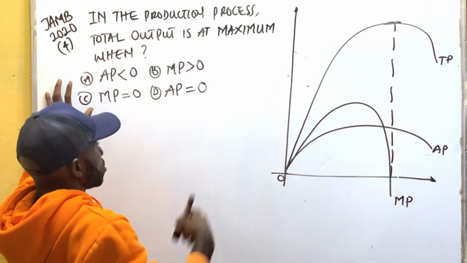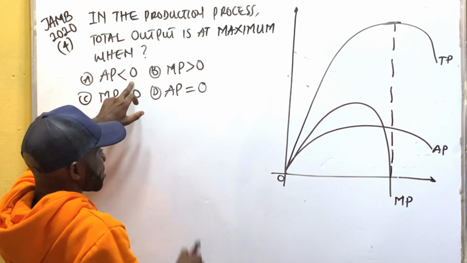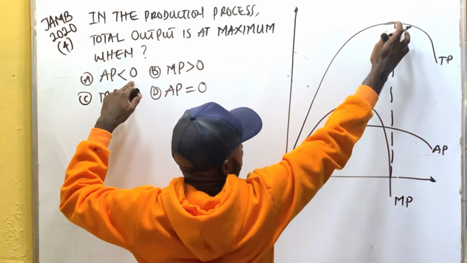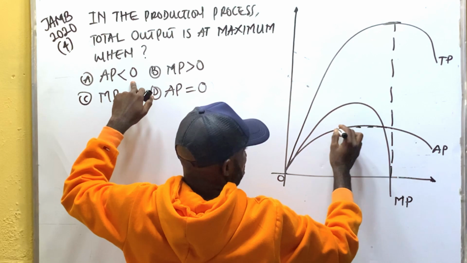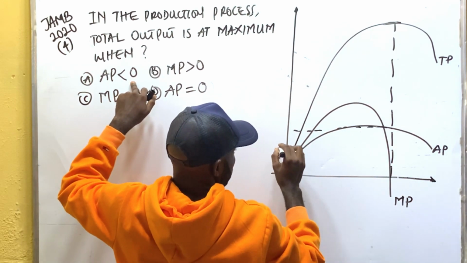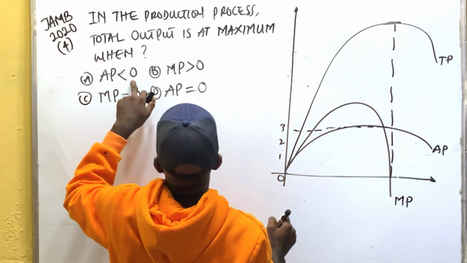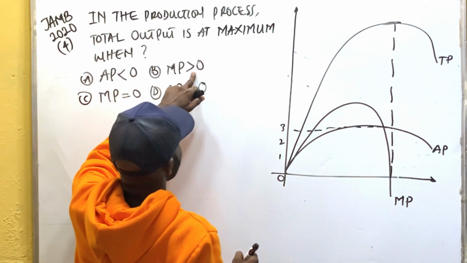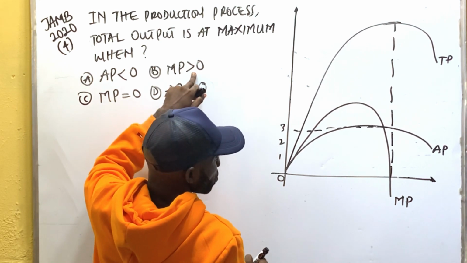Let's compare the options. Option A says average product is less than 0. At this point, average product is greater than 0, so that cannot be our answer. The second one says marginal product is greater than 0.